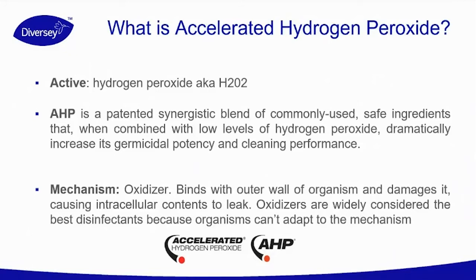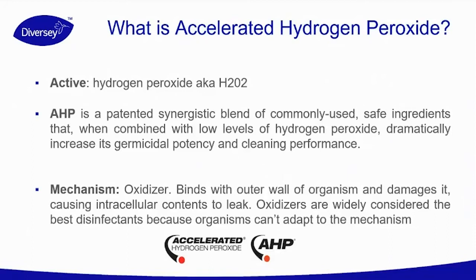So how does it work? It's an oxidizer like chlorine. It binds with the outer wall of the organism and damages it, causing the intracellular contents of the cell of the organism to leak. And oxidizers are widely considered to be the best disinfectant because the organism cannot adapt to this mechanism.